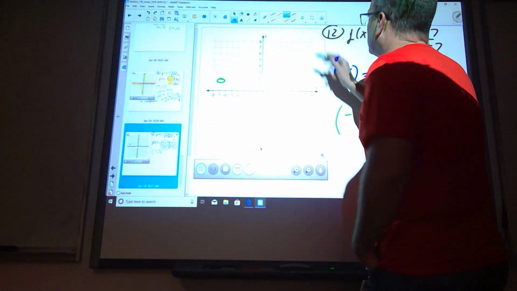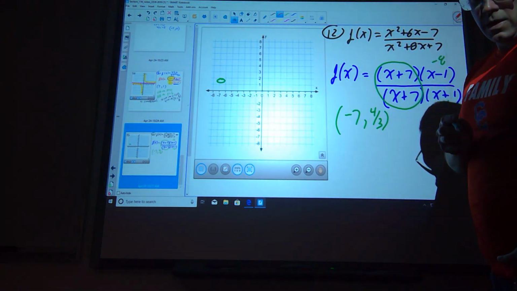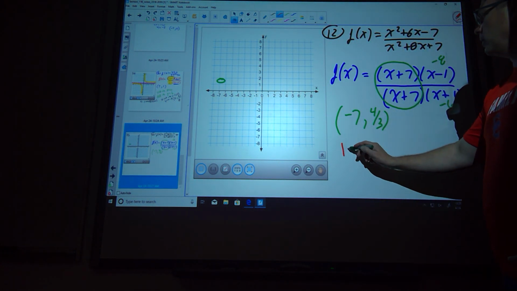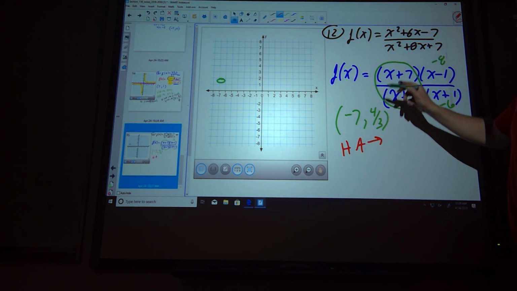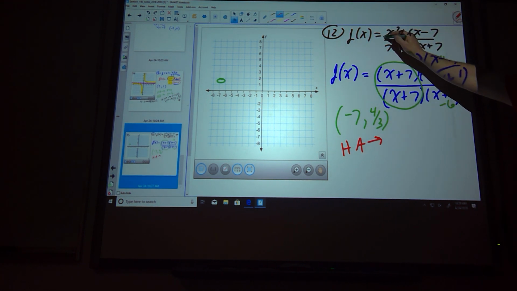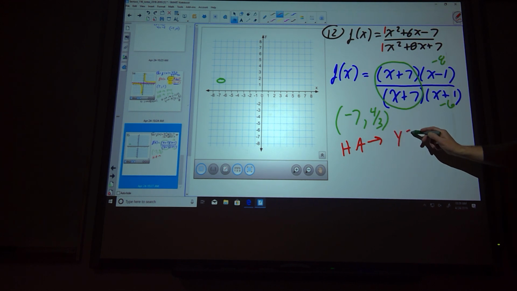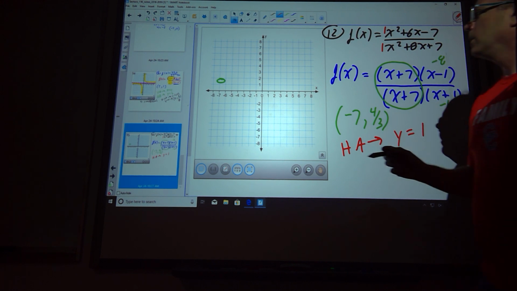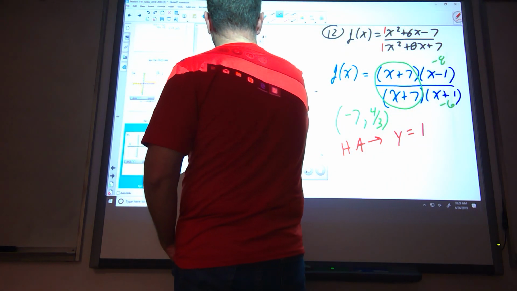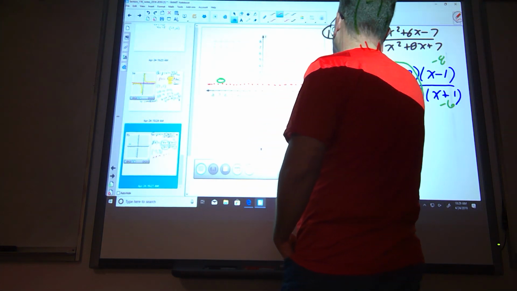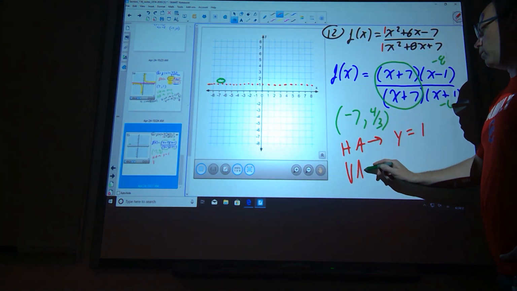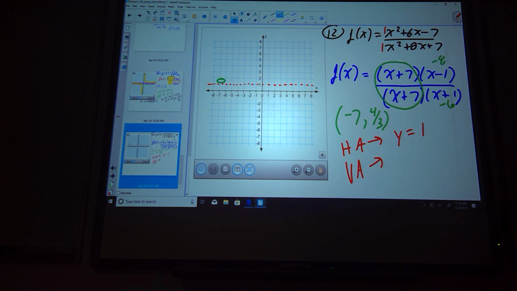Okay. Let's see what else we can plot here. We want a horizontal asymptote. So the degree on top is equal to the degree on bottom. Lead coefficients are 1. So y equals 1. So that's going to come along here. Vertical asymptote, I went out of order on these, sorry about that. It's negative 1, because it's x plus 1 on the bottom.